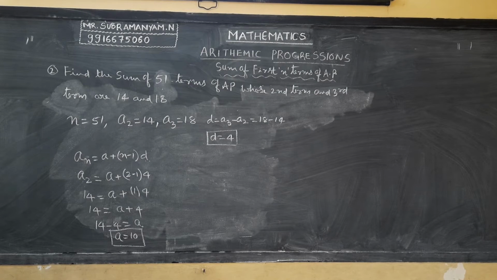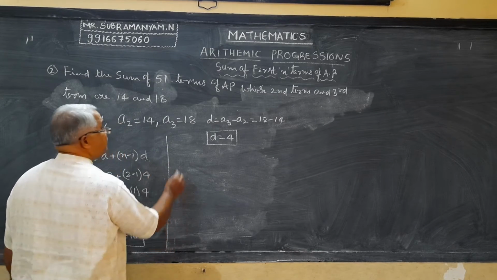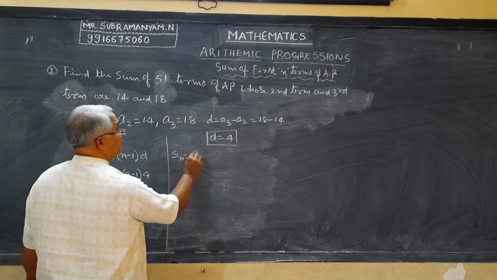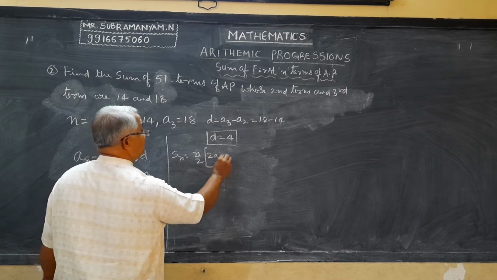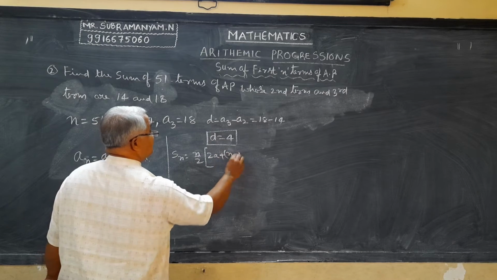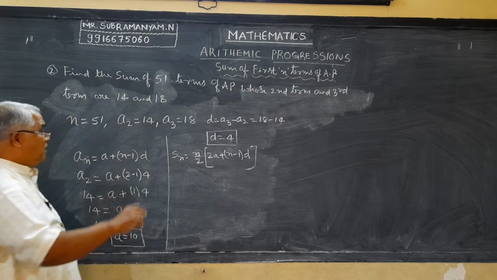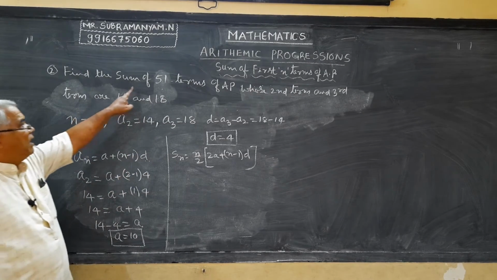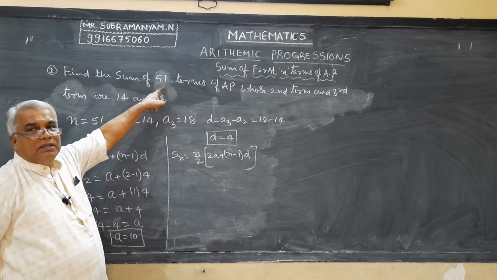So just check, the value of a is 10. After finding a value, we have to find Sn value. Sn equal to n by 2 into 2a plus n minus 1 into d. We are using this formula because we don't know the value of a51.